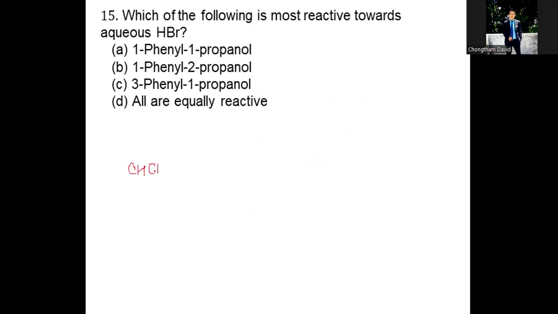Benzyl carbocation may be generated, which is the most stable, followed by a secondary carbocation generated from the given alcohol, and last of all, primary.